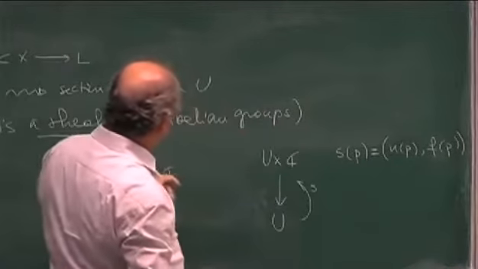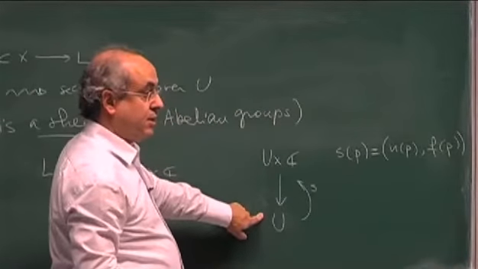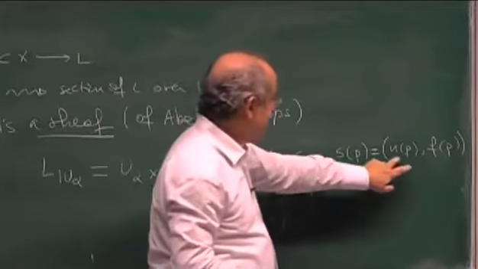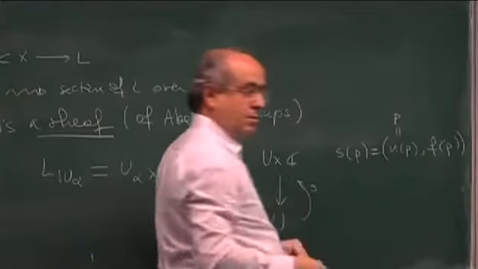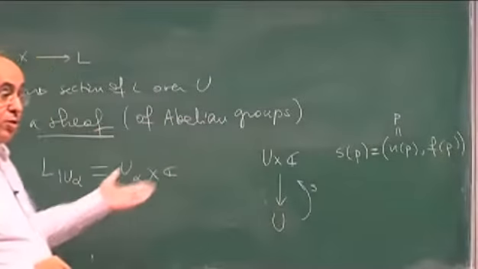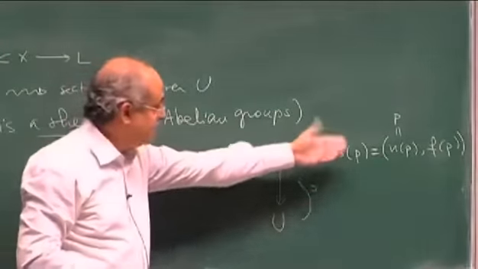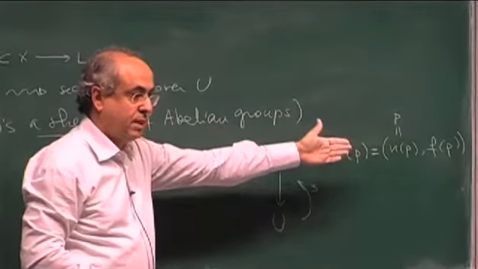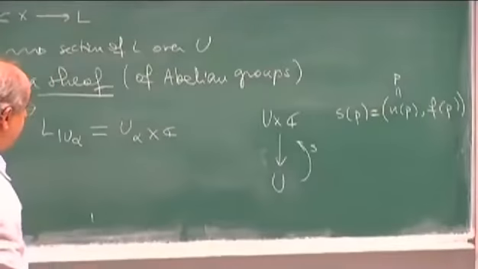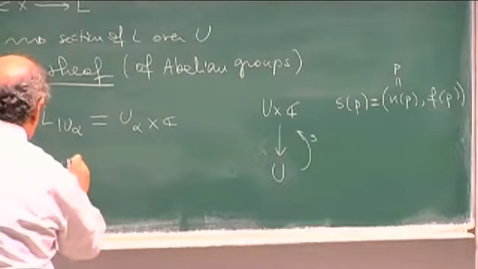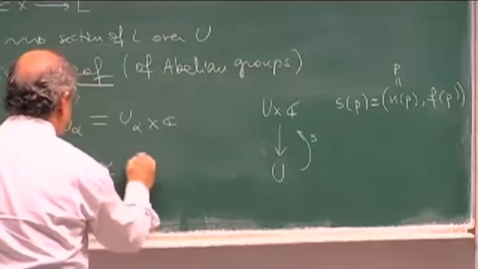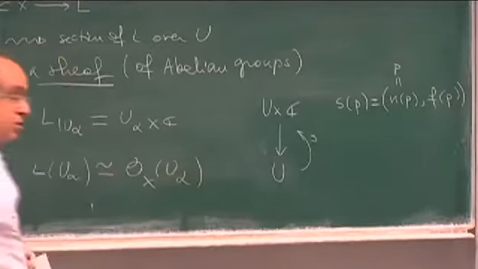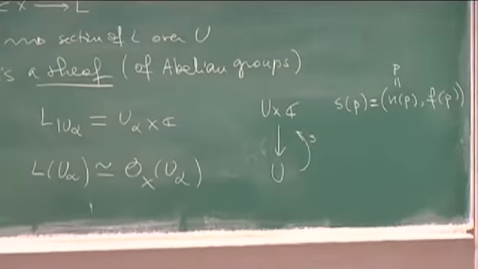But since I want the composition with the projection to be the identity, this u(p) is actually p. There is no way out, because the composition must give the identity. So you see that what I'm left with is just a holomorphic function. So this means that the sections of a line bundle form a sheaf, and when I compute its sections over a trivializing open subset, what I get is the holomorphic functions on U alpha.